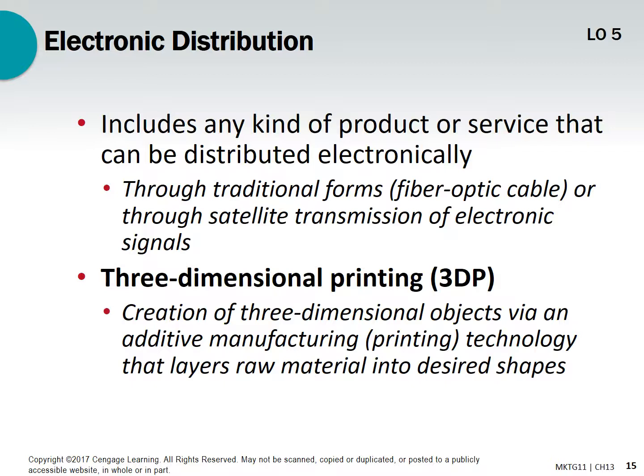Experiments with three-dimensional printing, 3DP, have been successful in industries such as auto parts, biomedical, and even fast food. Using 3DP technology, objects are built to precise specifications and using raw materials at or near the location where they'll be consumed.